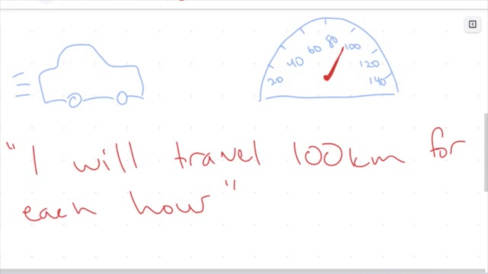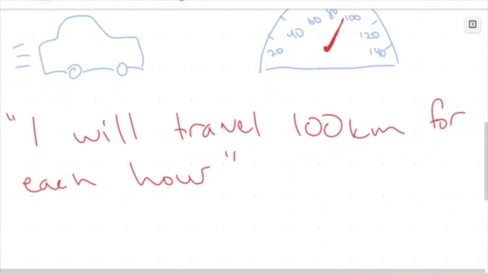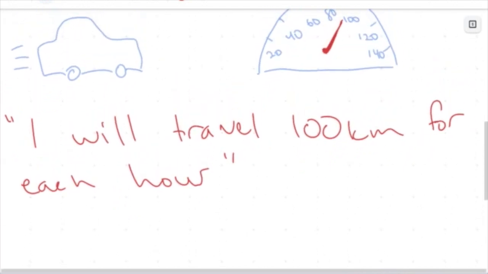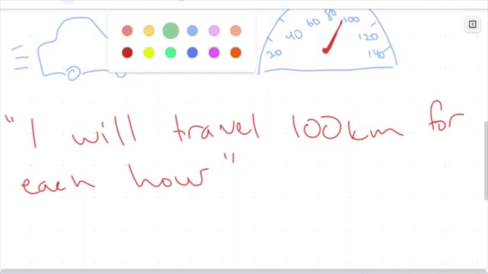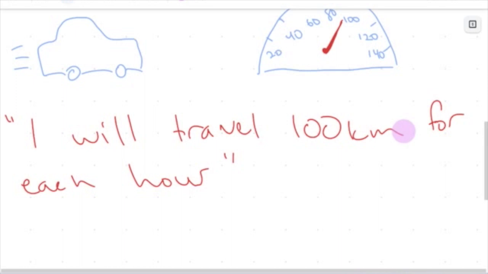Now, this, whether you may realize or not, is a type of rate because it is comparing two different measurement quantities. It's comparing distance and time. These are two measurement quantities which are different units.